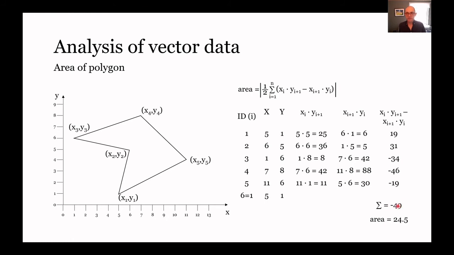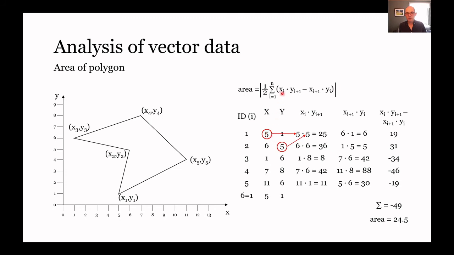There's no such thing as a negative area, even if ArcGIS Pro can on occasion calculate negative areas, which it then doesn't like afterwards. But there is no such thing as a negative area. So we need to calculate the absolute value of it. But this works in a similar way. We're summing up a calculation.